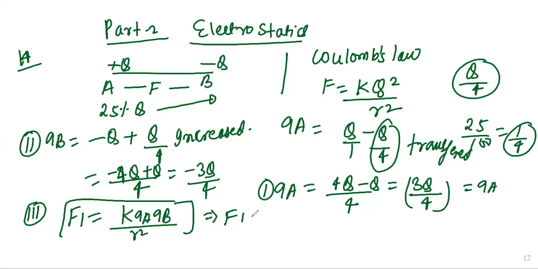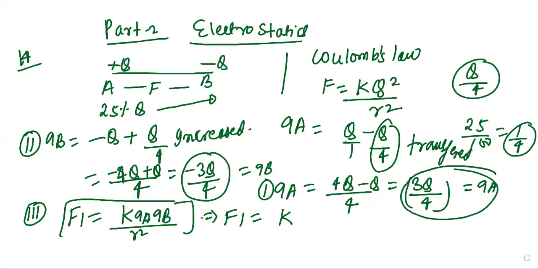F1 is equal to K, QB and QA. Putting the values, it will be K times 3Q upon 4 whole squared, because the numerical value is the same.